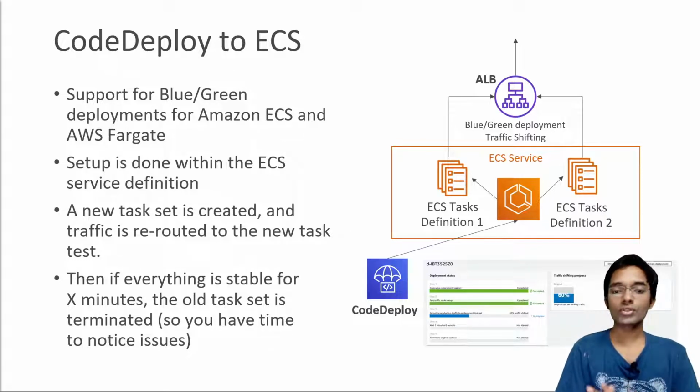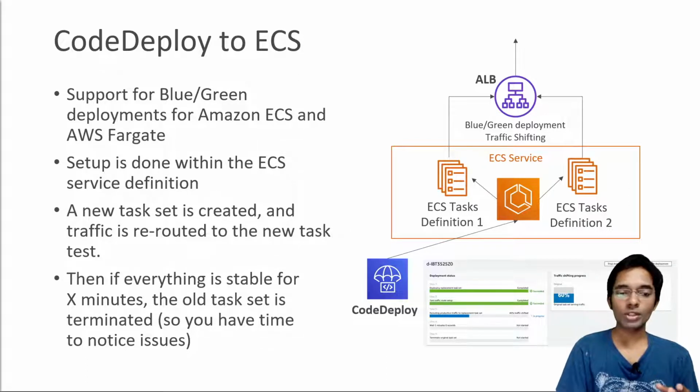So now let's go through this diagram again. Here we have the application, and the ECS service is going to be launching the ECS task using task definition number one. Then CodeDeploy is going to say, hey, I want to do a deployment onto Elastic Container Service, and you need to upgrade to a new task definition.